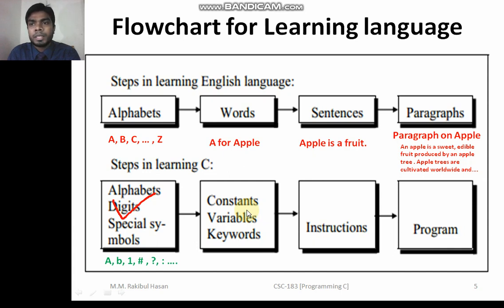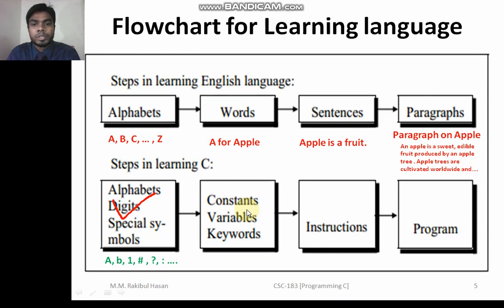So you already have an idea what is a constant, isn't it? The value is fixed. Like think about pi, the value of pi 3.1416. Then think about a variable, the value might vary. And a keyword means some reserved word in C programming language. So 3.14, this is a constant.